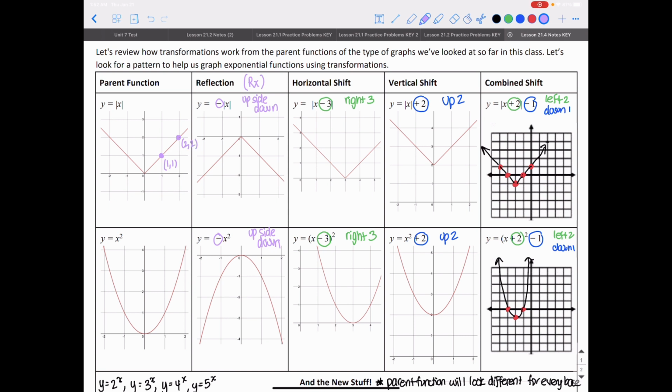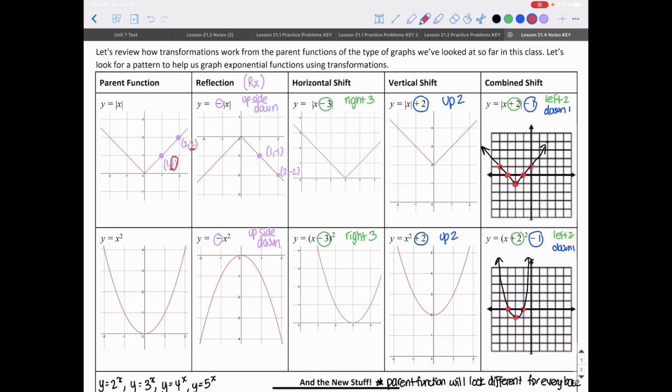Those points reflected are 1, -2 and 2, -4. And if I compare these points to the original points, all I did was take the y value and multiply by -1.